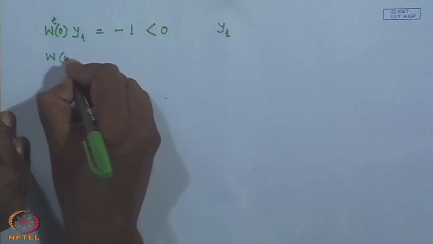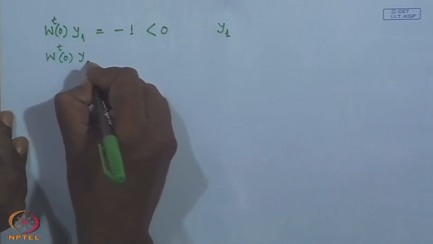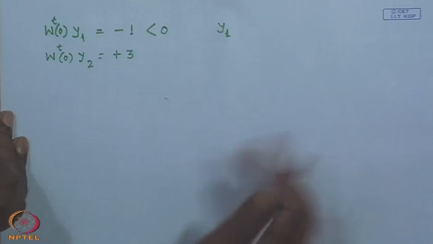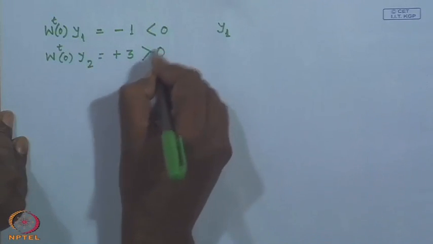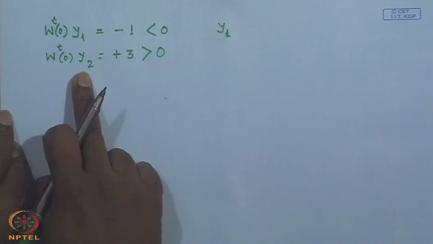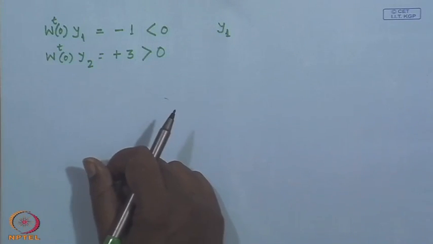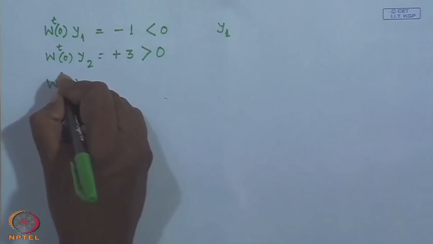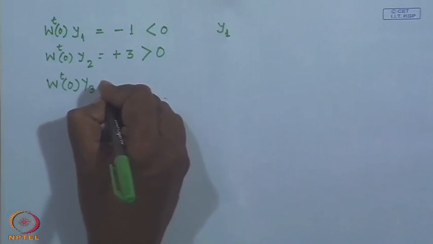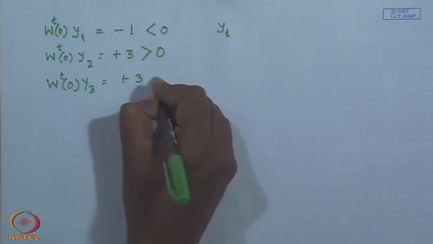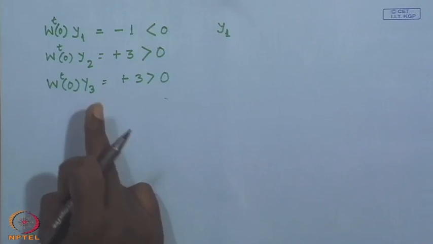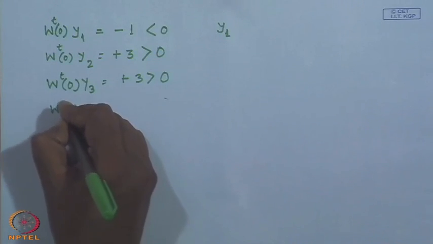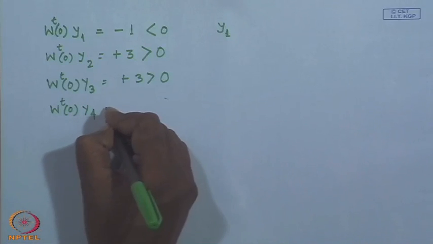When I consider w 0 transpose y 2, it is plus 3 as we have just seen, which is greater than 0. So, I do not consider y 2 for modification of the weight vector. Similarly, w 0 transpose y 3 is also plus 3, greater than 0, so I do not have to consider y 3 for modification.